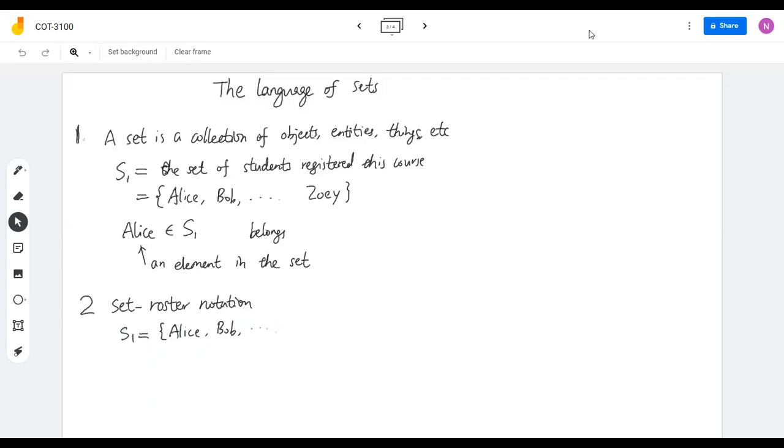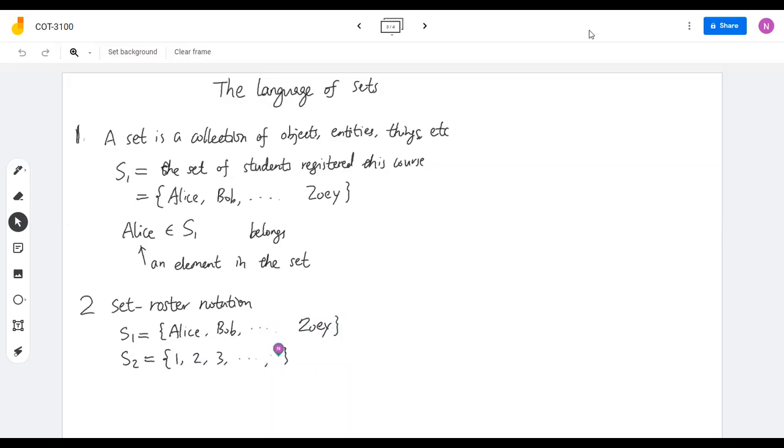And if there are too many elements in the set, I may list just a few leading elements. Okay. For example, for S2, I may say {1, 2, 3, and so on}.